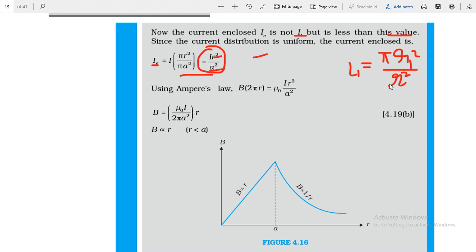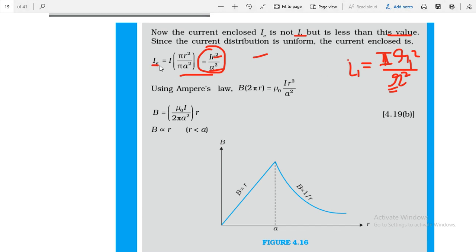In that case we took R as the radius of the cross section of the conductor, r1 as the radius of the Amperian loop, and I, sorry, this one is I actually, the total current flowing through the conductor.